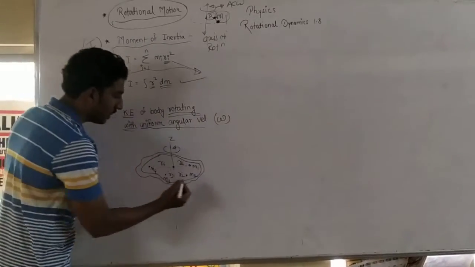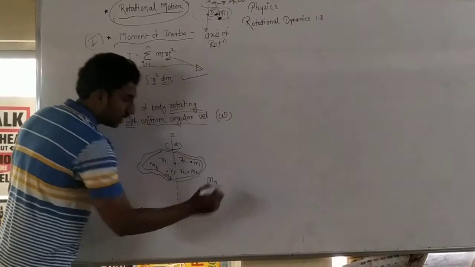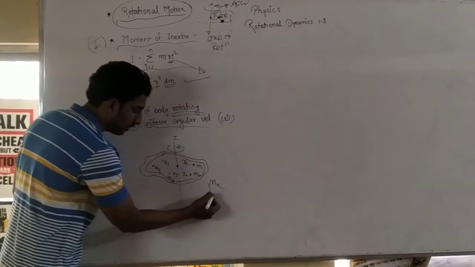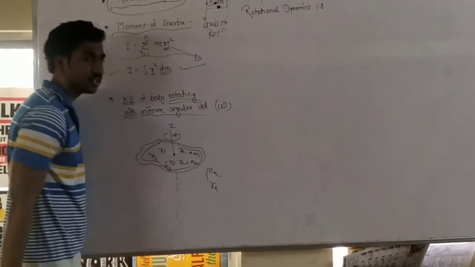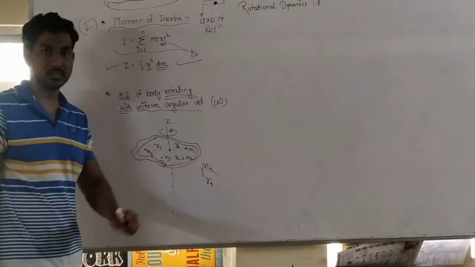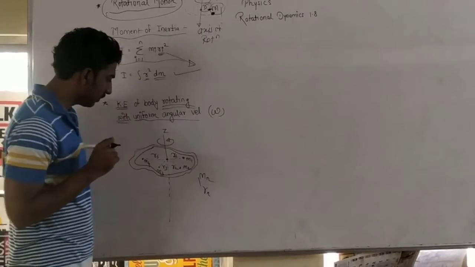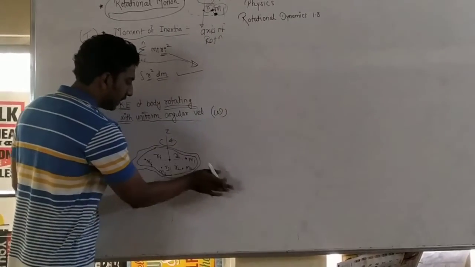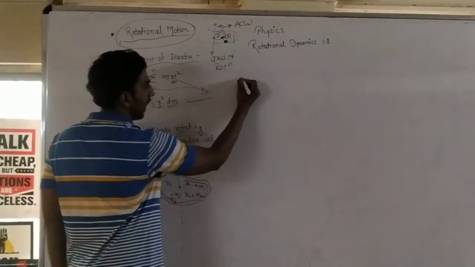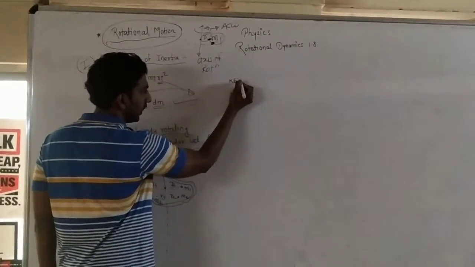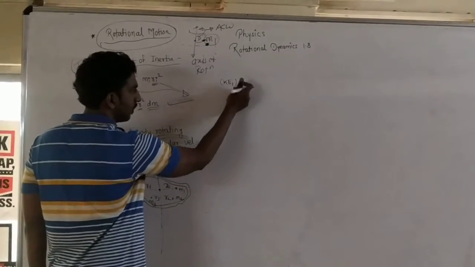Similarly, there will be n masses, and the distance between that mass and the axis will be rn.